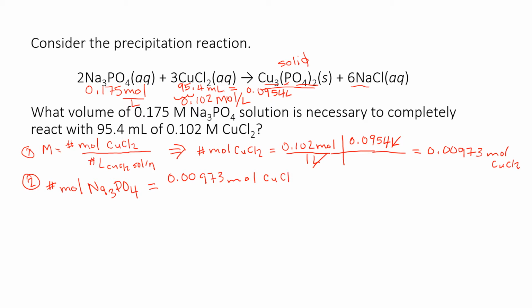Okay. So we utilize our mole ratio here. We're going to make use of that mole ratio, guys. That's why we got to make sure that chemical equation is balanced, right? So for 3 moles of copper 2 chloride, we have 2 moles of sodium phosphate.